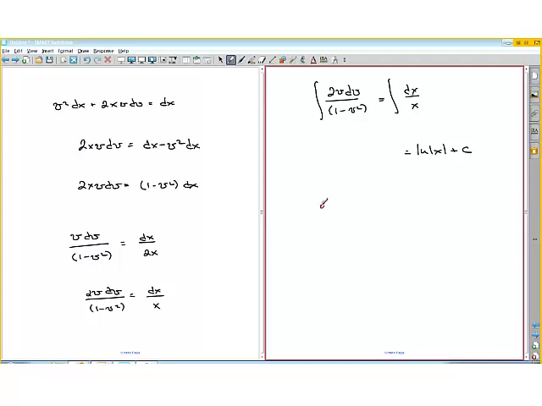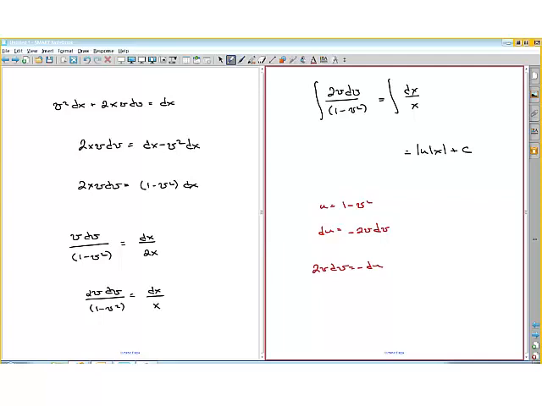Over here, if we let u equal the denominator, 1 minus v squared, so we're using u substitution, du is, this goes to 0, you get negative 2v dv. And what we have was 2v dv. So 2v dv is equal to negative du. So we can make that substitution there, and we can use that substitution there.